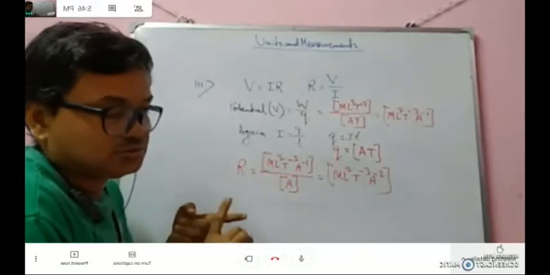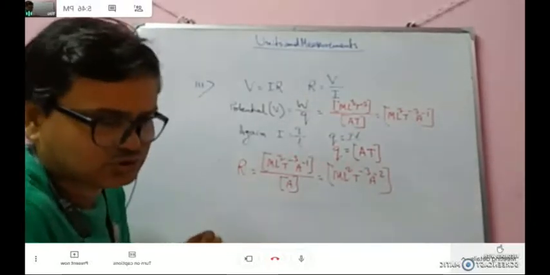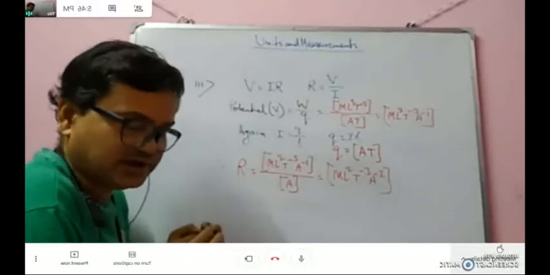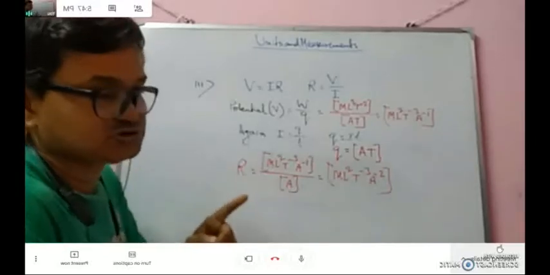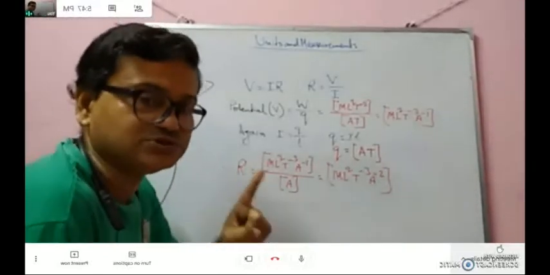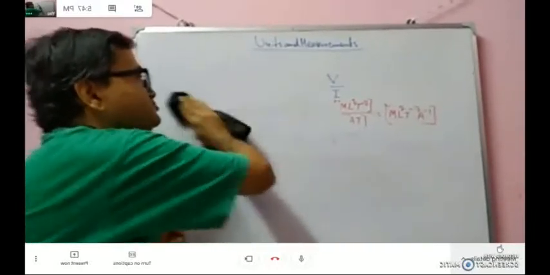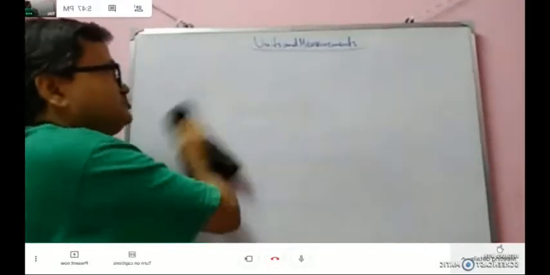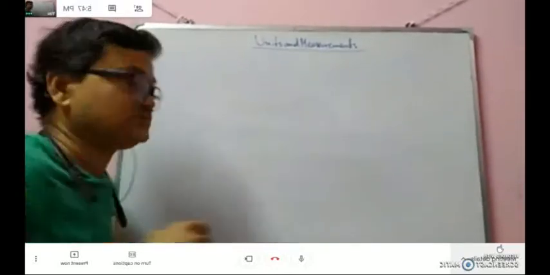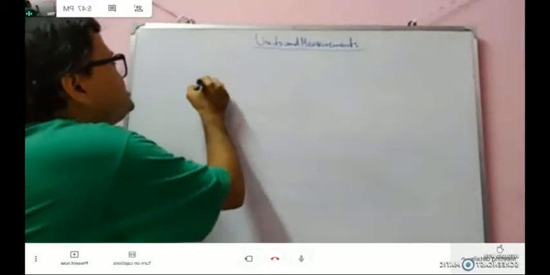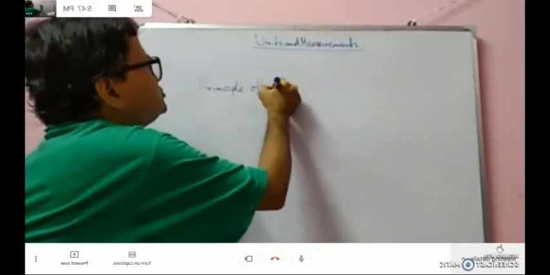So let us see how we can find the formula, though it is without constant, but we can find the formula at least using dimensional analysis. Let us start. So this process is known as principle of homogeneity.